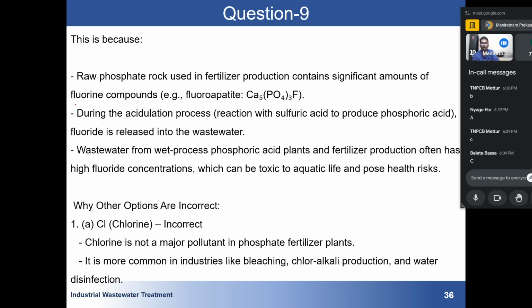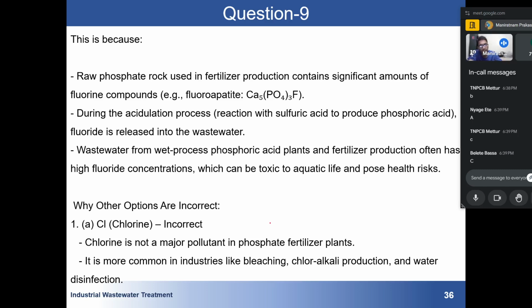Why is this so? See here, raw phosphate rock used in fertilizer production contains a significant amount of fluorine compounds. You can see fluoroapatite, Ca5(PO4)3F. So if phosphate is being extracted for fertilizer, where will this fluoride go?